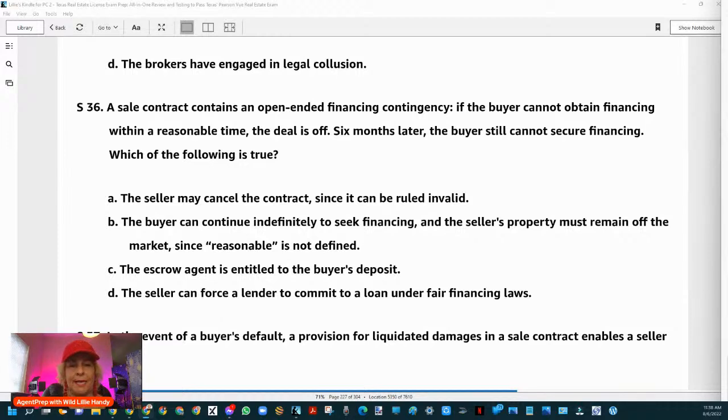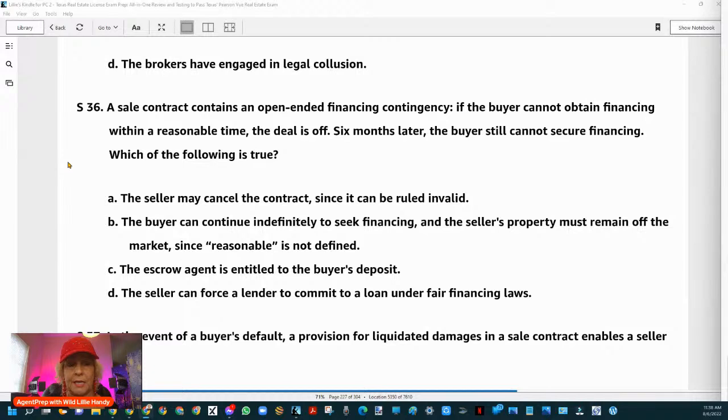All right, number 36. A sale contract contains an open-ended financing contingency. A condition, right? If the buyer cannot obtain financing within a reasonable time, the deal is off. 6 months later, the buyer still cannot secure financing. Which of the following is true? A, the seller may cancel the contract since it can be ruled invalid.